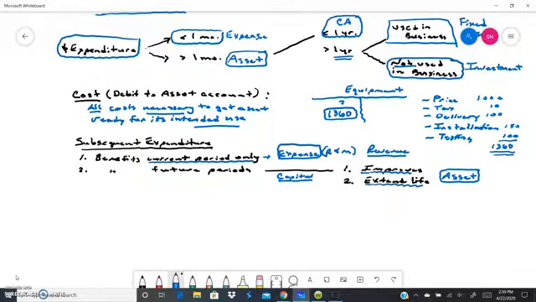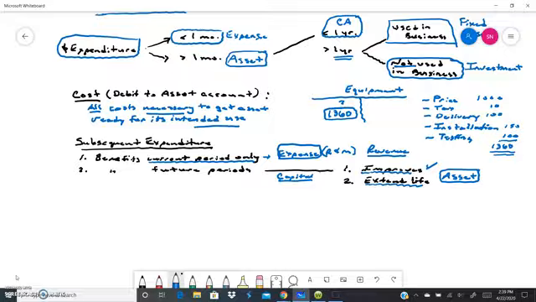So for instance, let's say it is a truck. Let's say that we install a wind deflector so that we get improved gas mileage, and that saves us money. That would be an improvement. So that cost would be a debit to the asset account, to the truck account.